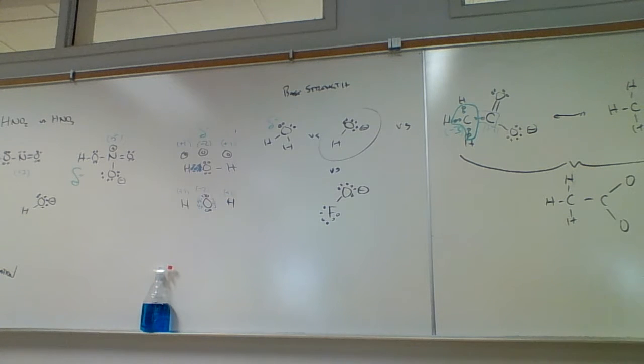Actually, I'm going to do neither because I don't want to talk about bonding much more. I just want to say that this is called the hybrid, right? And so all we're going to do is come out with the resonance hybrid.